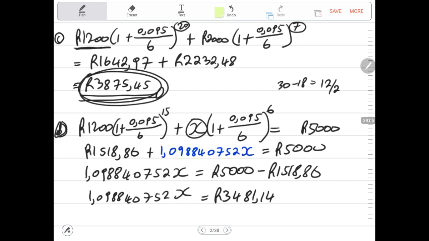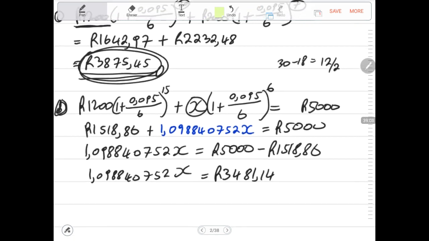Then we still have here 1.098840752x. Now we are not looking for 1.09x, we are looking for this unknown x. So we divide by 1.098840752, so that this cancels this. Then we are left with x on this side. Whatever you did on the left, you do on the right.